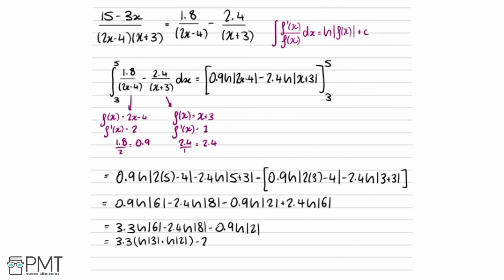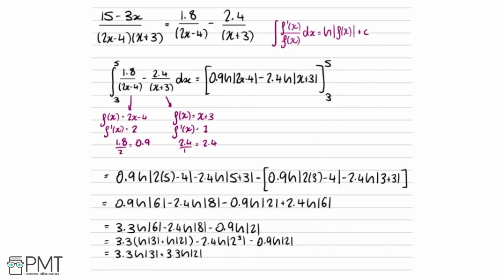And we've got minus 2.4 ln, and 8 we can actually write as 2 to the power of 3, minus 0.9 ln 2. So first I'm going to multiply out this bracket, so we get 3.3 ln 3 plus 3.3 ln 2.